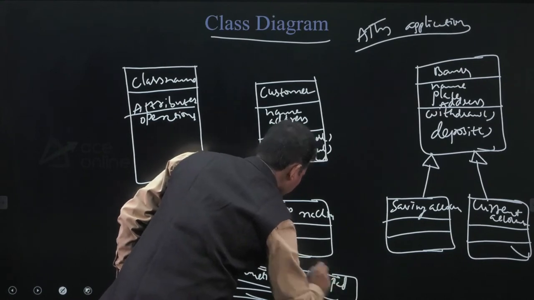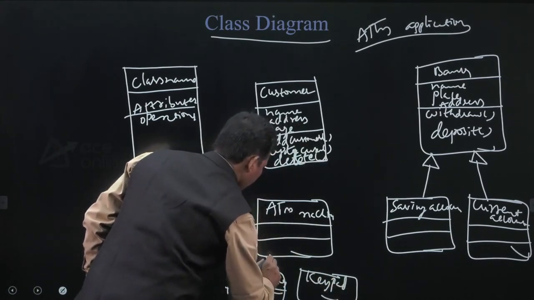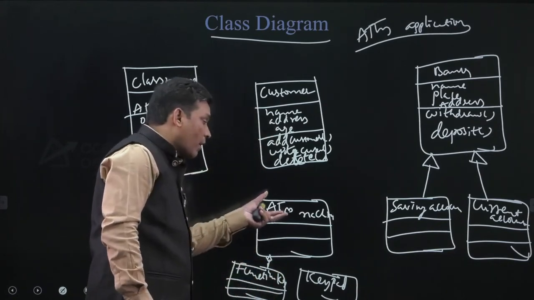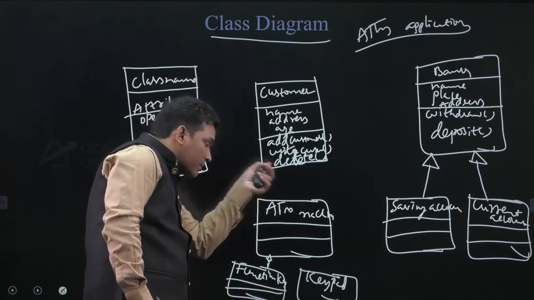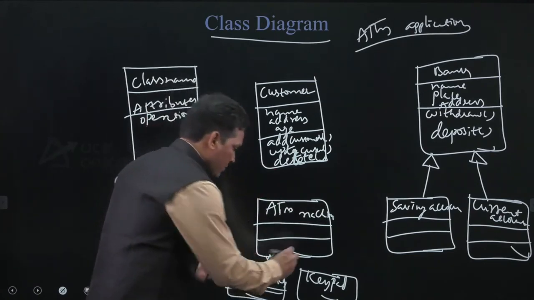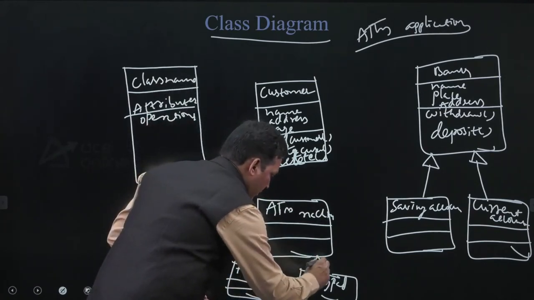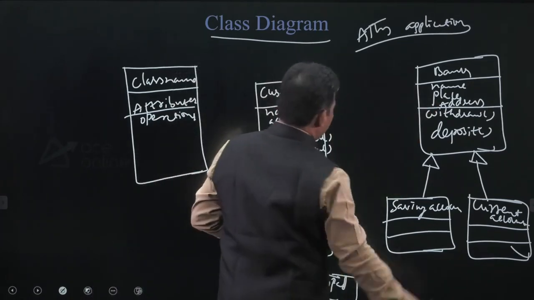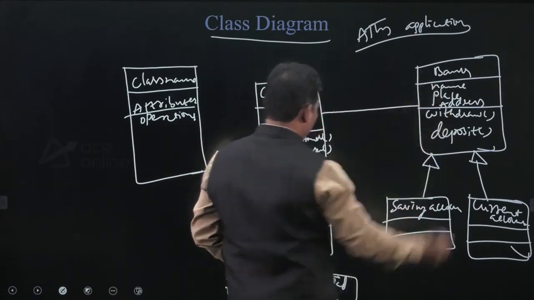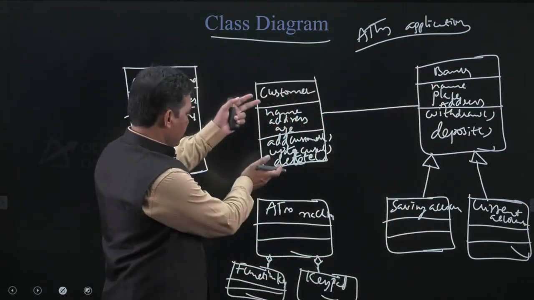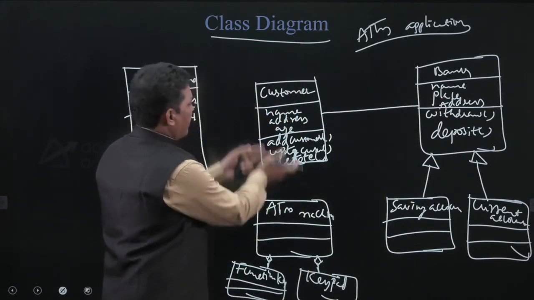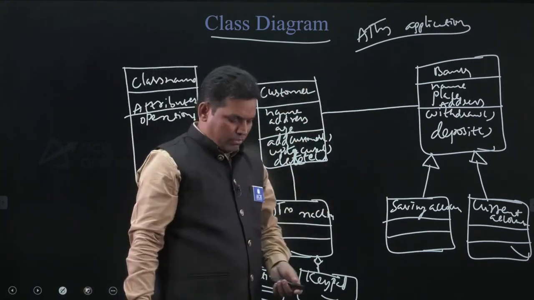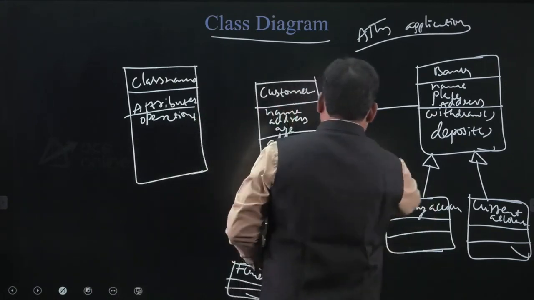Here we use the aggregation relationship: if you want to represent a small part of a larger class, we use aggregation. Between the customer and the ATM machine, both depend on each other, so we use the association relationship. This is the modeling of the class diagram for an ATM application.